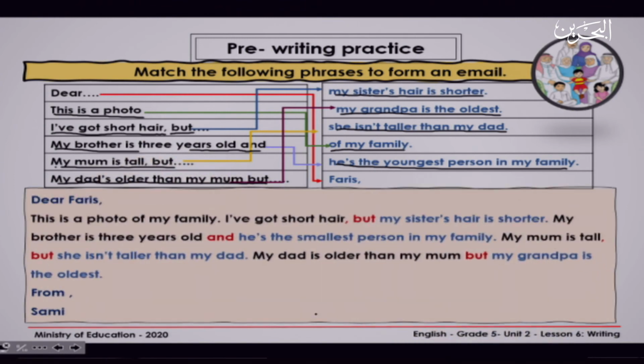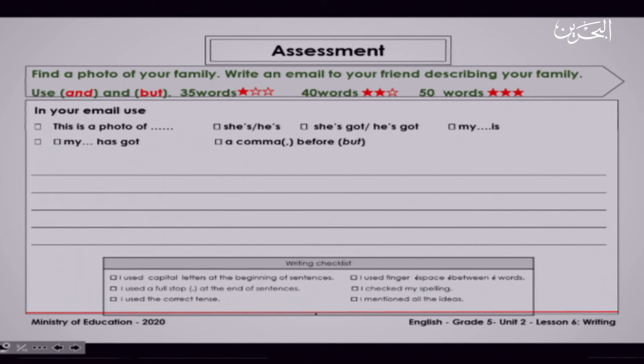This is how the email will be when you write it all. Now let's try to write one. You have to find a photo of your family and write an email to your friend describing your family.